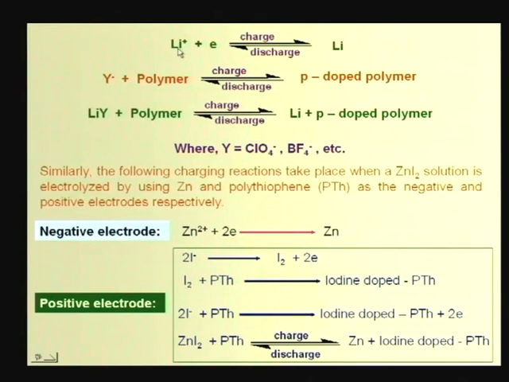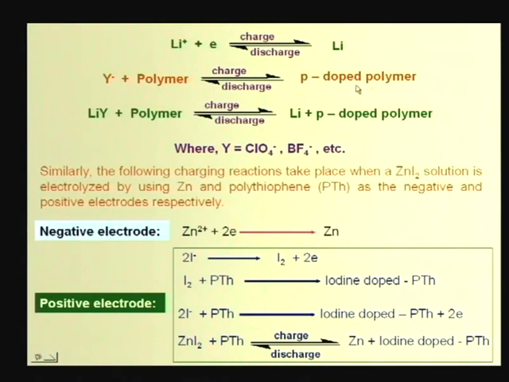This lithium ion, when one electron adds to it, becomes metallic lithium, neutral lithium, and suppose this is an anionic dopant, it is a dopant, X, Y, Z like this, Y minus.